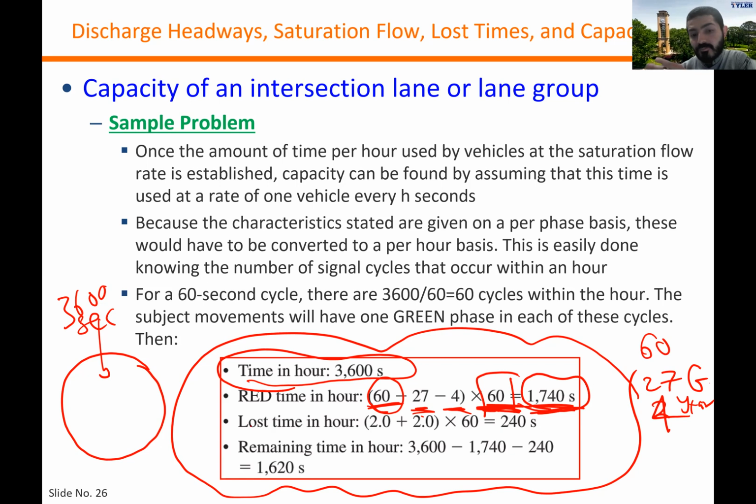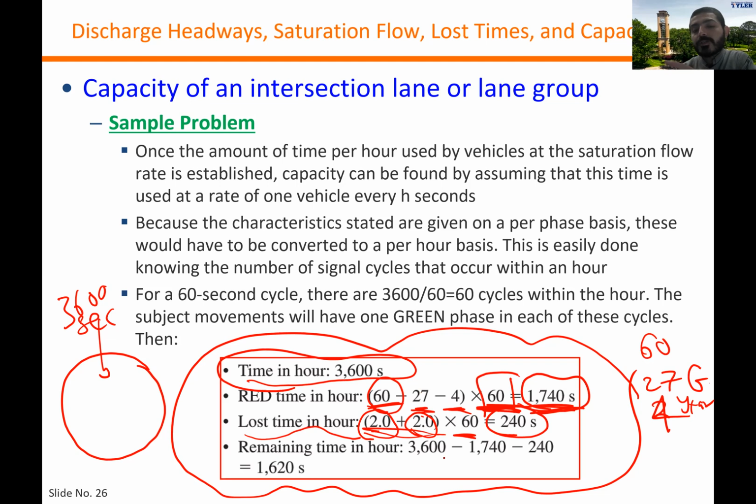The lost time in an hour is 2 seconds L1 plus 2 seconds L2 times 60 cycles in an hour. So every minute we're losing 4 seconds because of L1 and L2. Therefore, 4 times 60 cycles in that hour, we're going to lose 240 seconds.